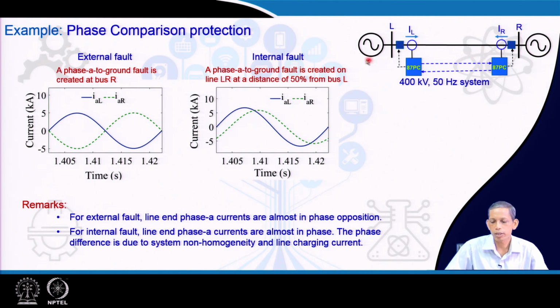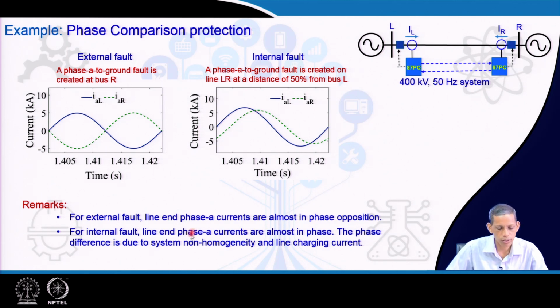what happens is that current is being fed from this side and current is being fed from the other side also. These are the two currents available through the CTs. We see here that the two currents have a phase difference.